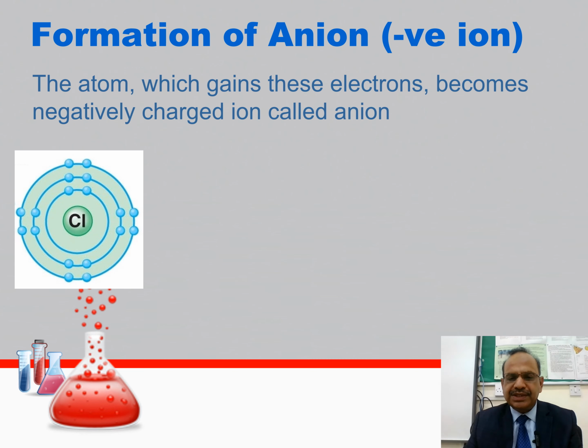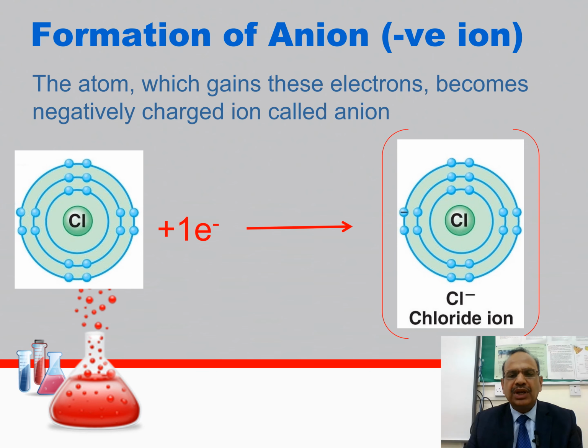Its atomic number is 17. In the first shell there are 2 electrons, in the second shell 8 electrons, and 7 are in its outermost shell. If it gains one more electron, its octet will also be complete, and then it will form the chloride ion, that is an anion. So it is one famous example of the formation of an anion.